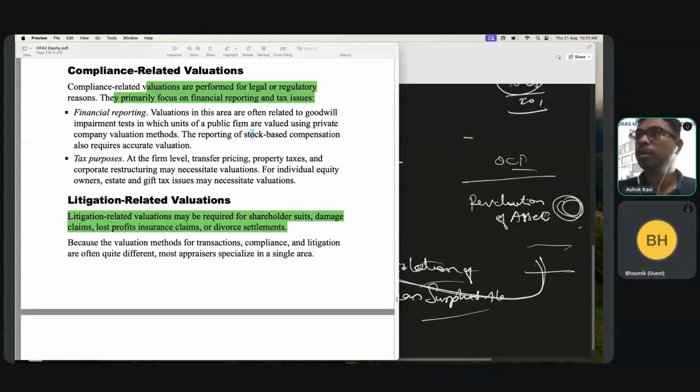That IT company may not have big or good assets. So that company's valuation will all come based on goodwill only.